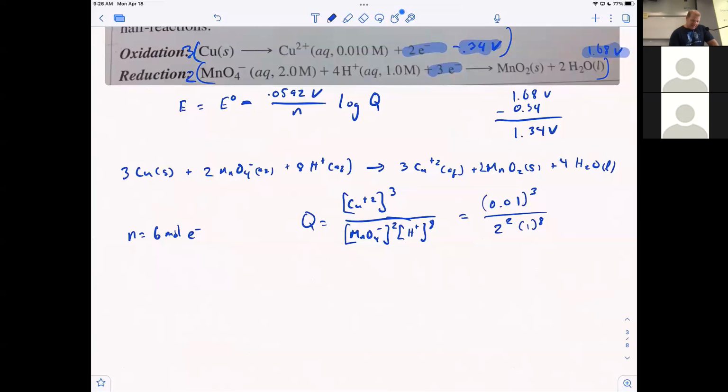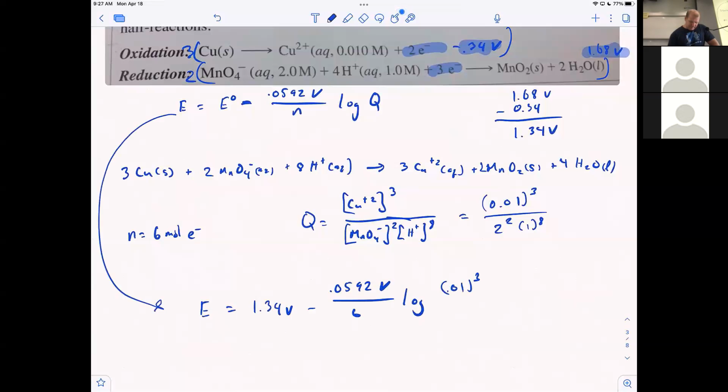So let's then do the Nernst equation. E equals E0, 1.34 volts, minus 0.0592 volts over 6 times log of 0.01 cubed over 4.